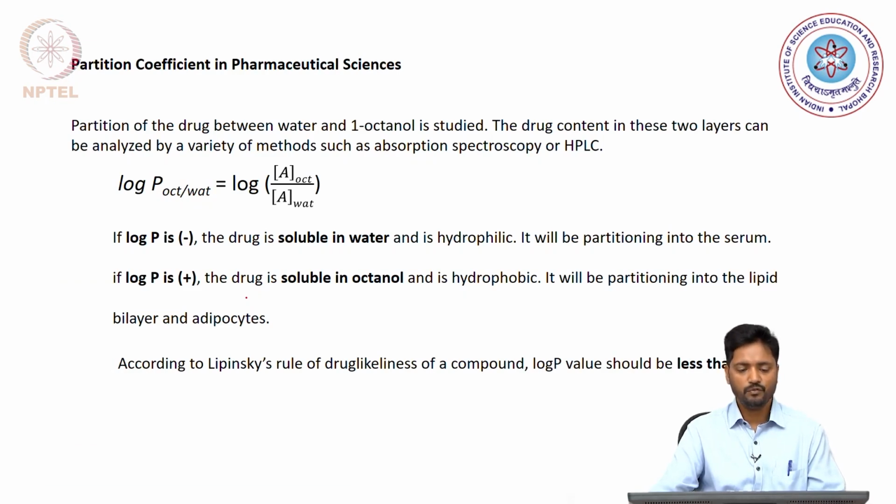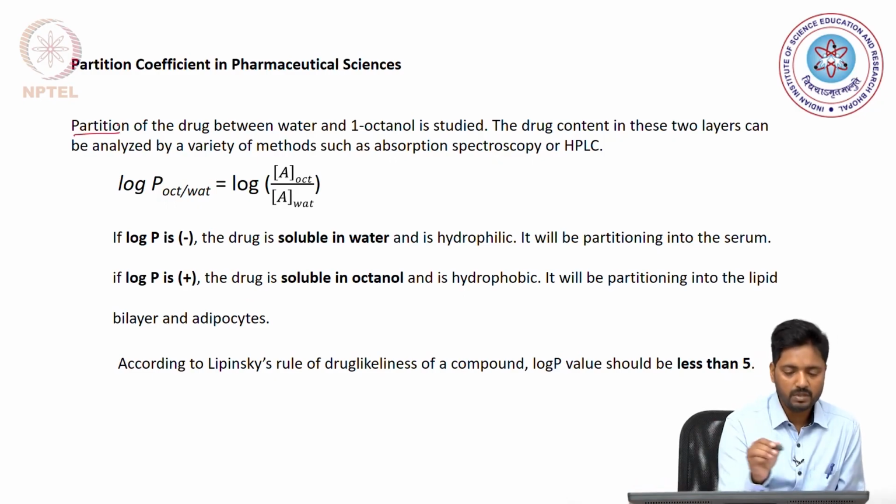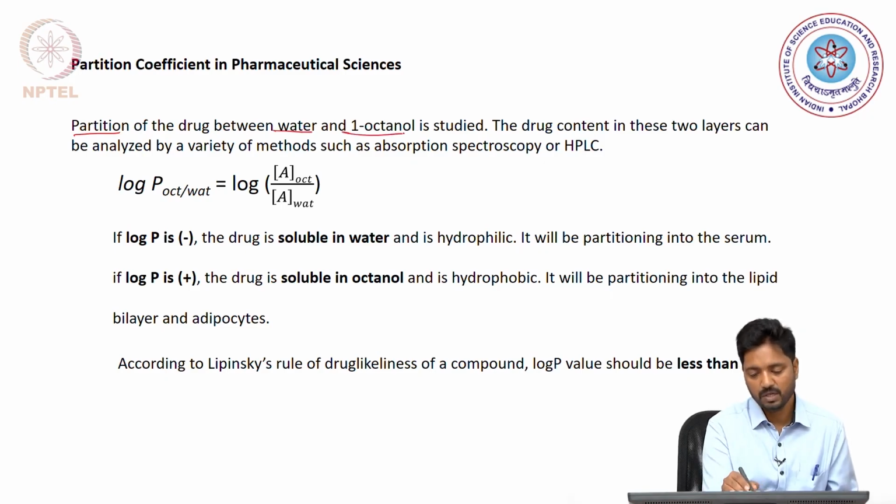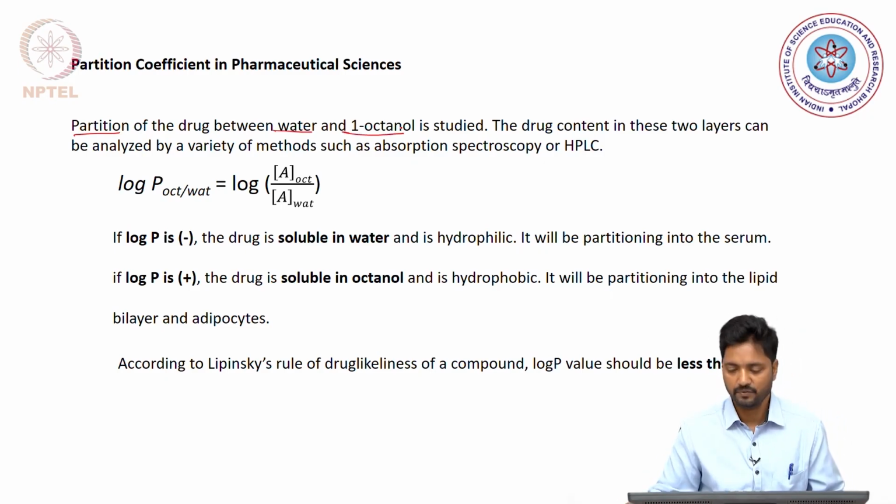So, in pharmaceutical parlance, the log p value is very commonly used to characterize a drug molecule, and in this exercise the partitioning of the drug between water as the aqueous phase and 1 octanol as the organic phase is studied. So, 1 octanol in this case becomes the organic phase in which the partitioning of the drug is studied.